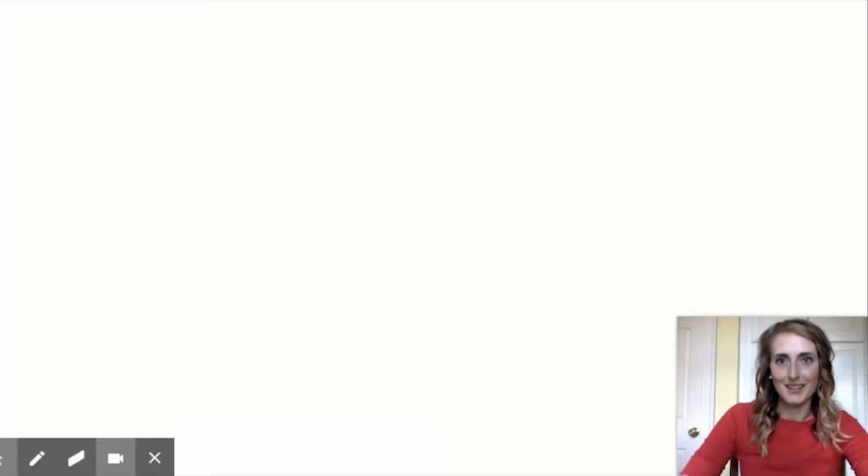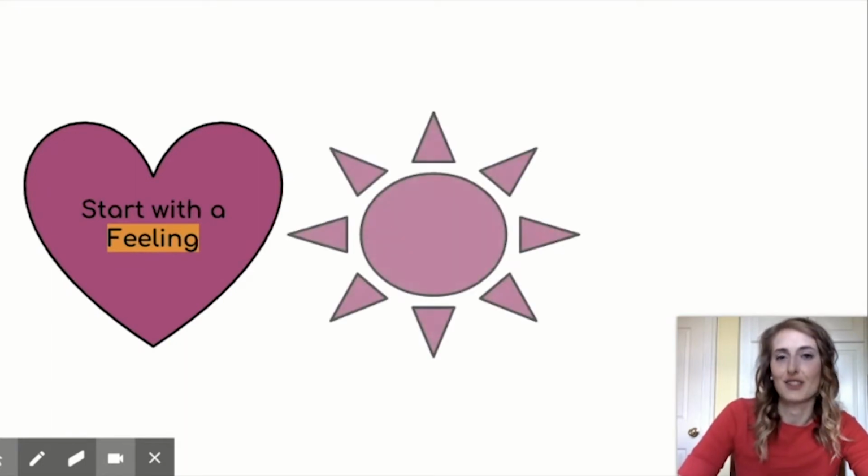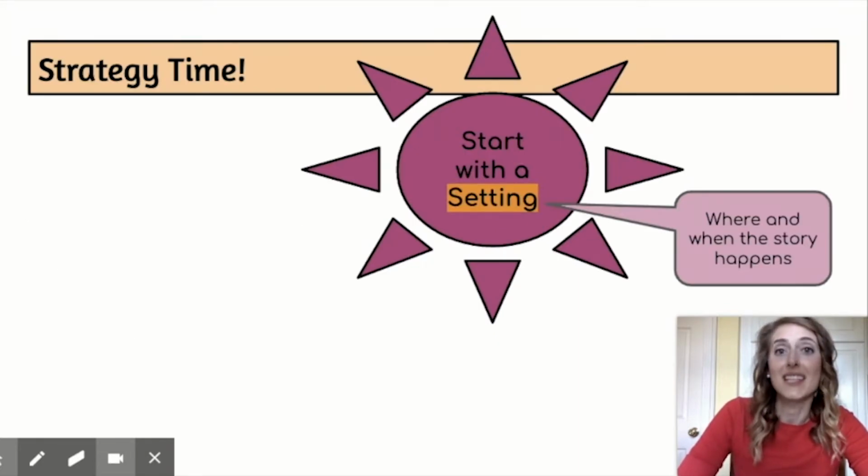So, writers, we have learned that one way to generate or think of ideas for fiction writing is to start with feelings. Let's take a look at the second strategy to come up with ideas. The second strategy is we can start with the setting, where and when the story happens.